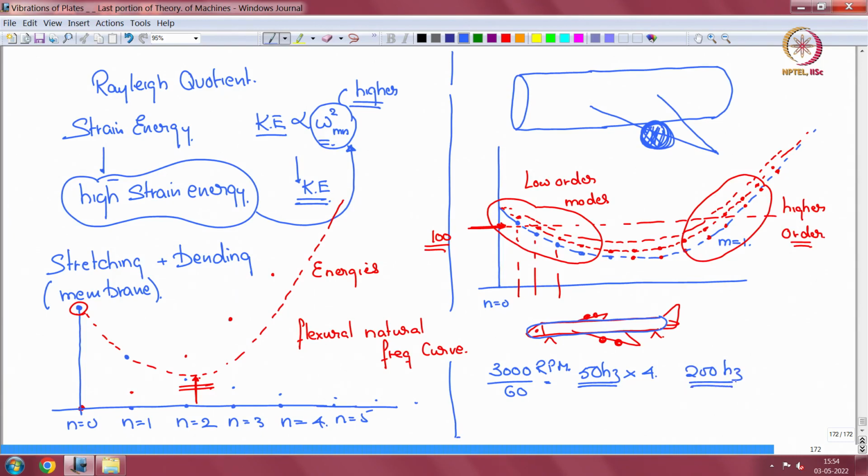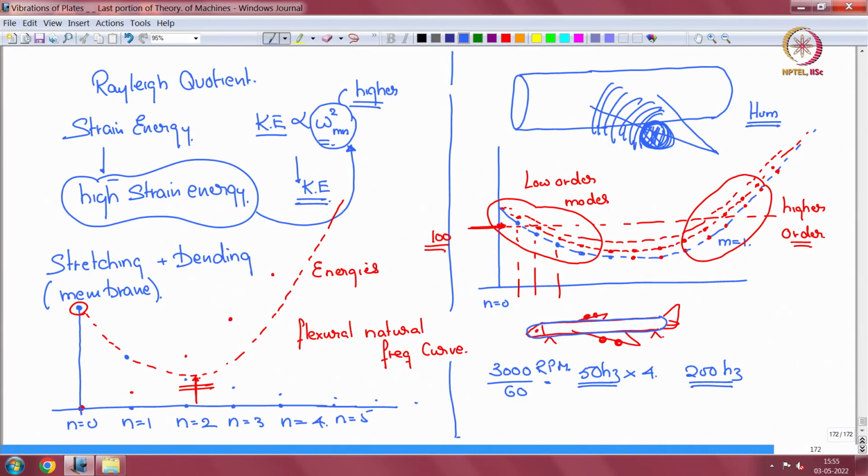Now at 200 hertz you will have air being pushed towards your fuselage. If you happen to be sitting inside the aircraft, in the propeller plane, approximately left, forward or behind the engine, then you will hear this hum in your ear. You will hear the engine hum, and it can be really bad.